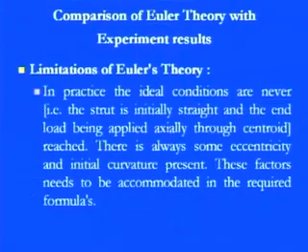These factors need to be accommodated in the required formula, which wasn't there. In all 4 cases which we discussed, the things were quite idealistic. We assumed that the load is applied at the pin joint or fixed joints, that it passes through the centroid, and that there is no initial curvature, that means no eccentricity under the load application.